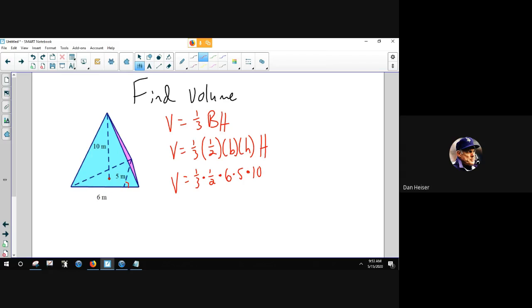Our pyramid height is 10. And it looks like our volume is going to be 50 cubic meters once we multiply all that together. Volume of a pyramid, very straightforward.